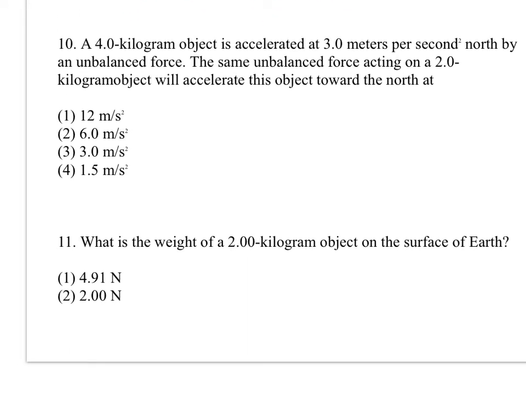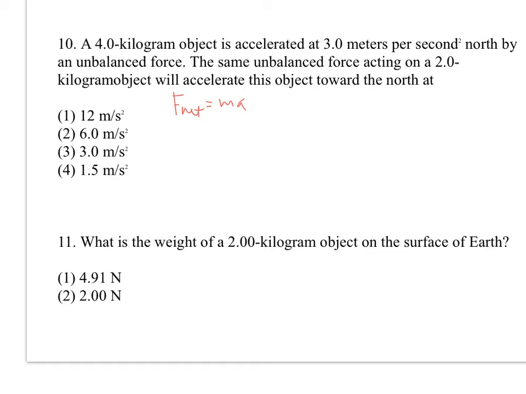Number 10. A 4 kilogram object is accelerated at 3 meters per second squared north by an unbalanced force. The same unbalanced force on a 2 kilogram object will accelerate this object toward the north at... Okay, so this is a simple F net equals m a problem. F net is equal to mass times acceleration.